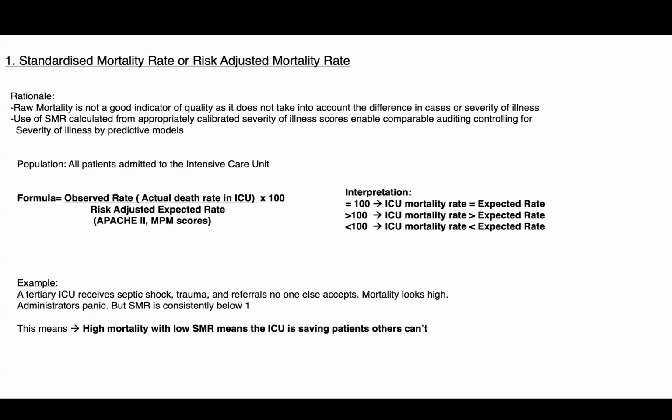So for each patient we calculate the APACHE score and the mortality rate, and then you need to take the average of that. That is the risk-adjusted expected rate. That needs to be the denominator, and in the numerator, you need to take the total number of deaths that are there in the ICU. Based on that, you will get the formula, and that needs to be interpreted accordingly. Okay, got it, sir. Thank you.